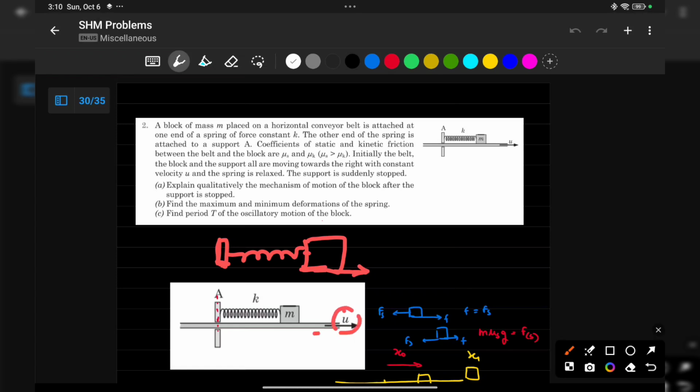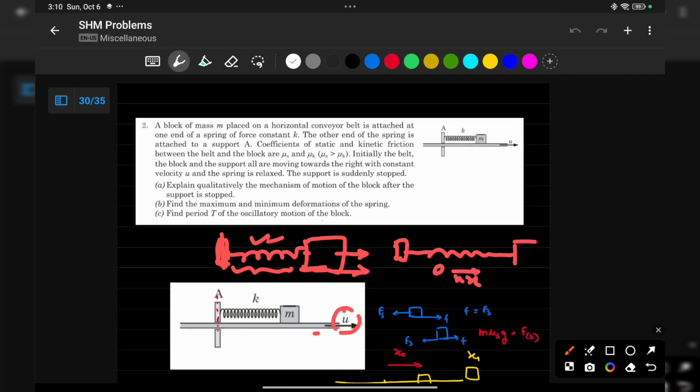Now, what happens when the support suddenly stops? The block starts to move away, which means that the spring starts deforming, right? And when the spring starts deforming, the spring force increases. At first it was zero, then it starts to increase and it becomes kx.